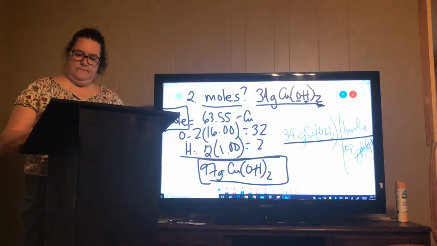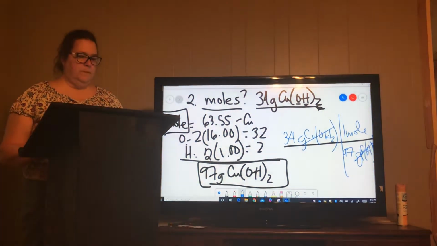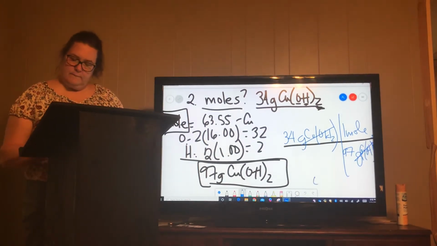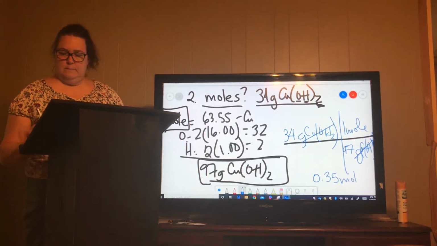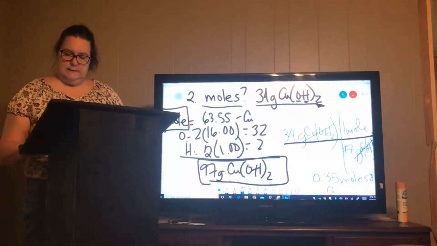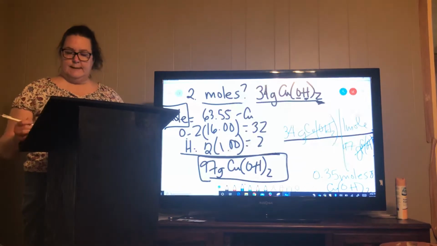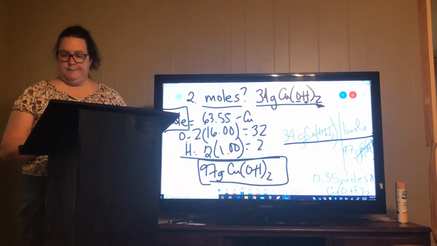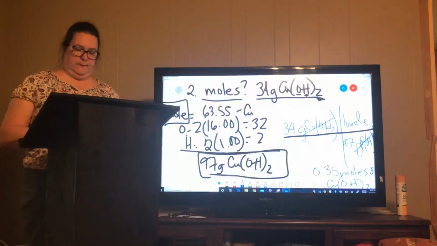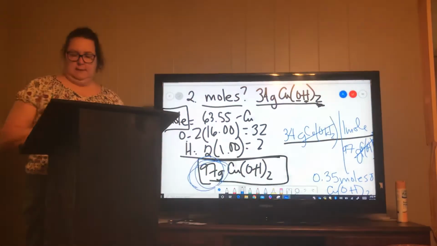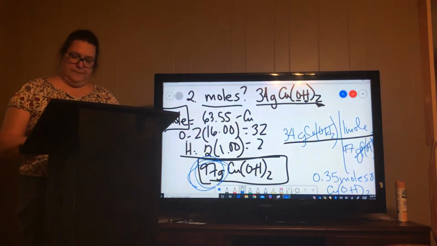This cancels out, and then I just plug and chug it, and I get 0.35 moles of CuOH2. So copper 2 hydroxide, if I start off with 34 grams of it, I actually have 0.35 moles of it, which makes sense because we know 1 mole is 97, so this should be less because I don't have 97 grams.